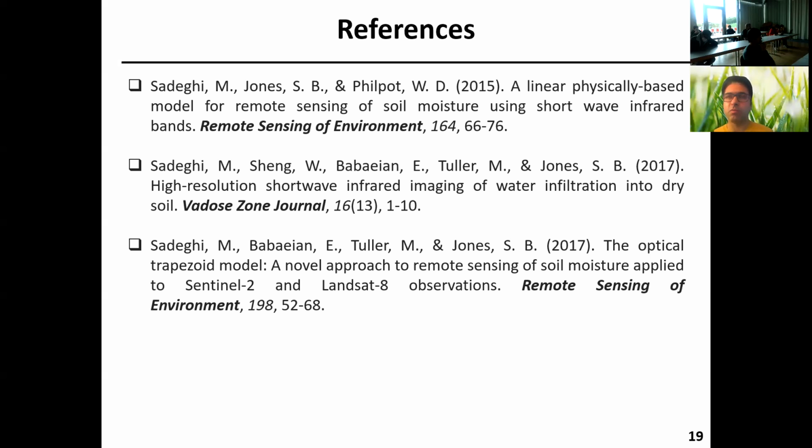And of course, if you want to use optical data for estimating near-surface soil moisture, there would be a bias, a drying bias, unless we calibrate the model using in situ data.